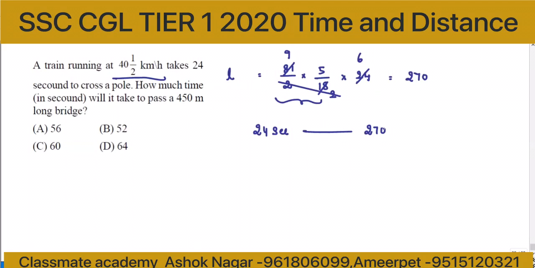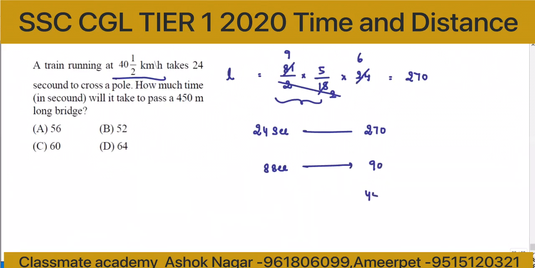270. How much time will it take to pass a 450 long bridge? So obviously a 450 long bridge means you also need to calculate the length of train. Or else just take 450, also fine. Even if you take 450, it is a multiple of 90, so I'll divide it by 3. 8 seconds it takes to cross 90.